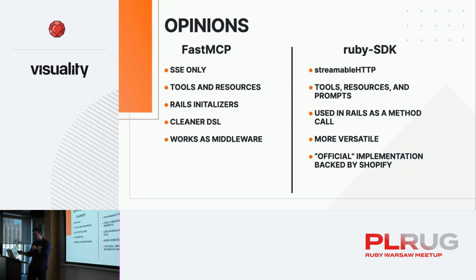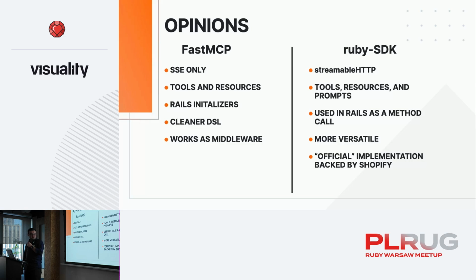Ruby SDK also has prompts, so that's cool. And FastMCP works as a middleware in the Rails app, in the Rack stack, and it provides Ruby on Rails initializers, so it's more integrated into the Rails ecosystem, while Ruby SDK requires a bit of manual work.